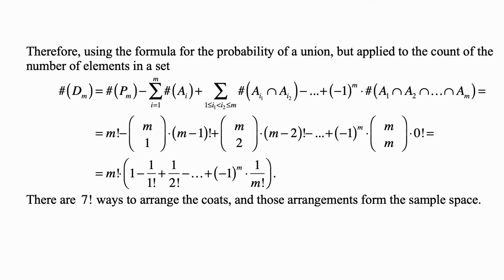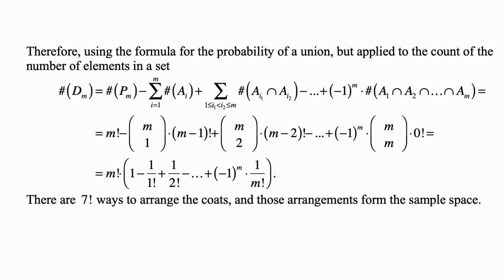And that's m factorial minus m choose 1 times m minus 1 factorial plus m choose 2, the 2 elements that we pick out of m, just like there was 1 before in m choose 1, times m minus 2 factorial, minus, plus, and so on, up to negative 1 to the m times m choose m times 0 factorial.